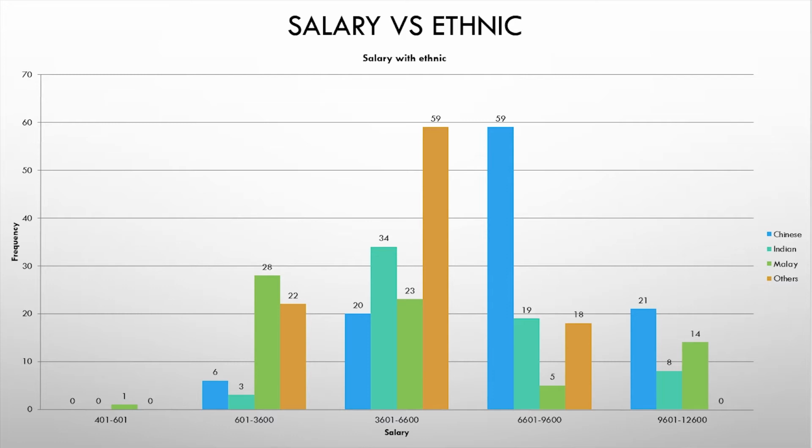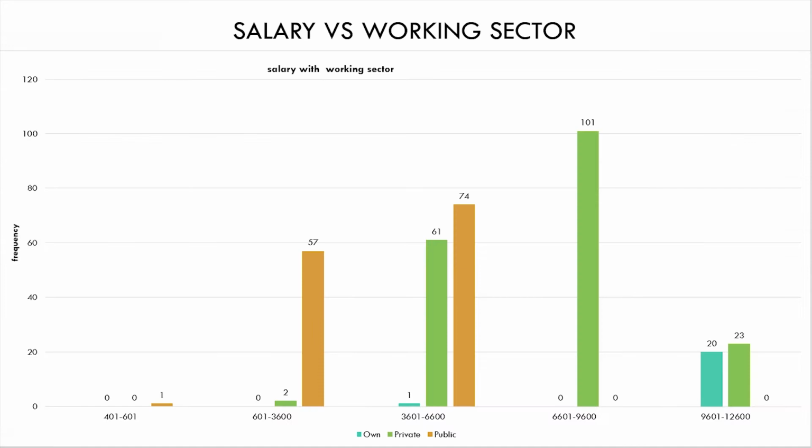At the rate pay from 6,601 until 9,600, Chinese have the highest frequency. And at the rate pay from 9,601 until 12,600, Chinese have the highest frequency. From the graph, we can say that Chinese have the highest frequency compared to other ethnic.